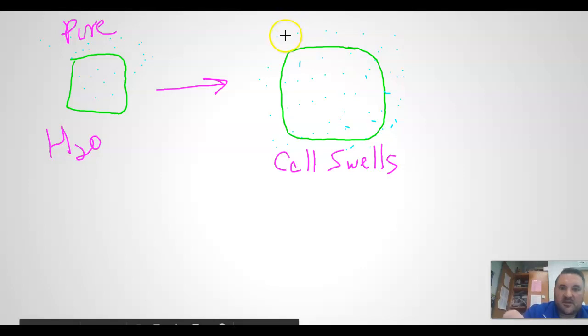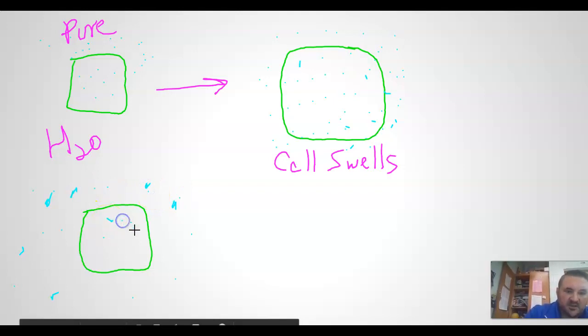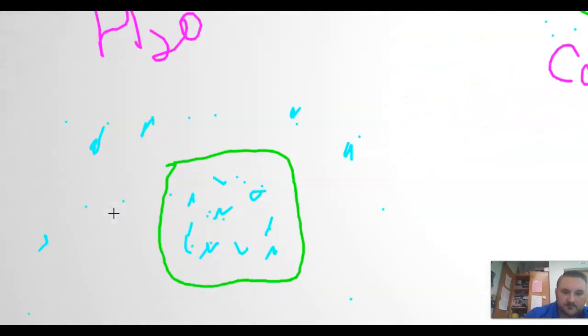At the same time, if I take my plant cell and I put my plant cell in salt water, so there's not a lot of water out here, but I have lots of water inside the cell, the water will actually leave because it goes from a high concentration to a low.